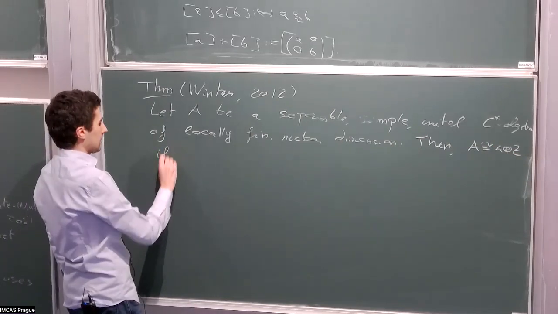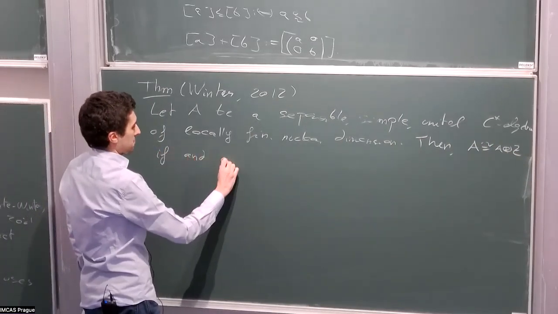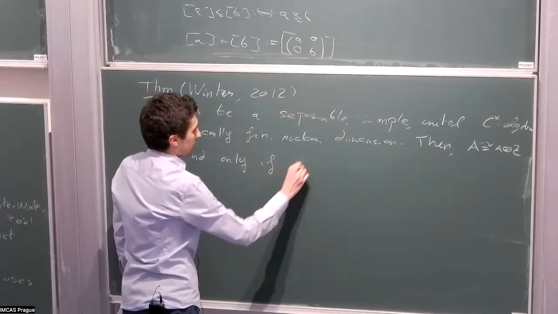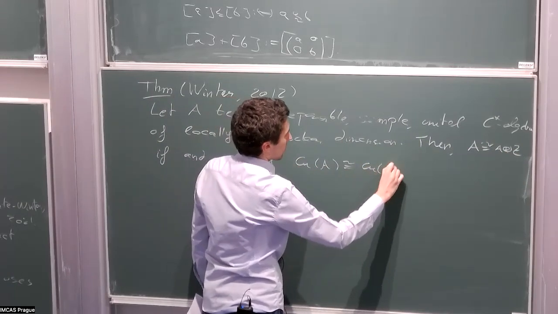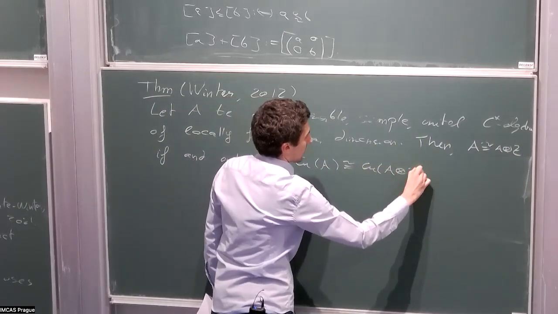So this happens if and only if the Cuntz semigroup of A is isomorphic to the Cuntz semigroup of A tensor Z.